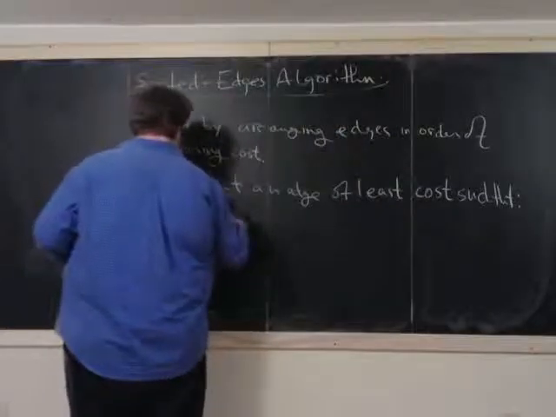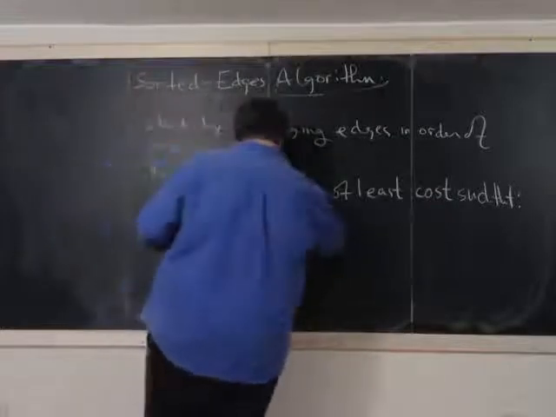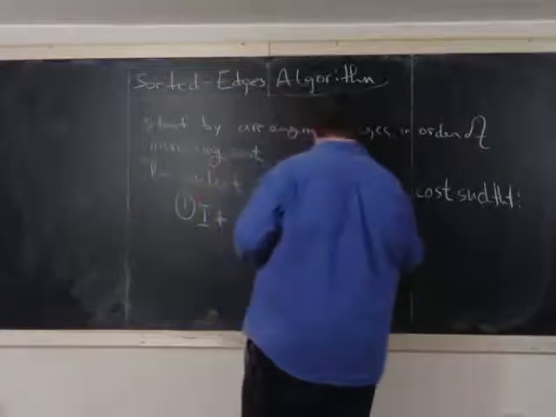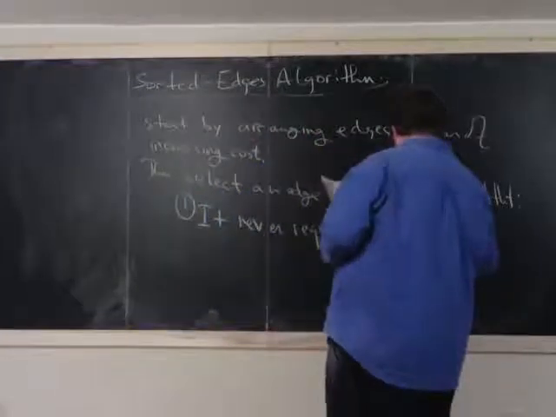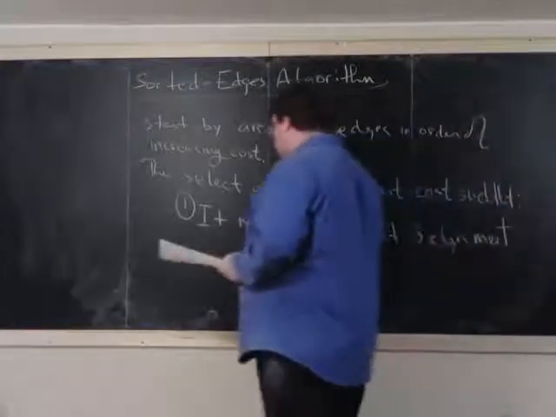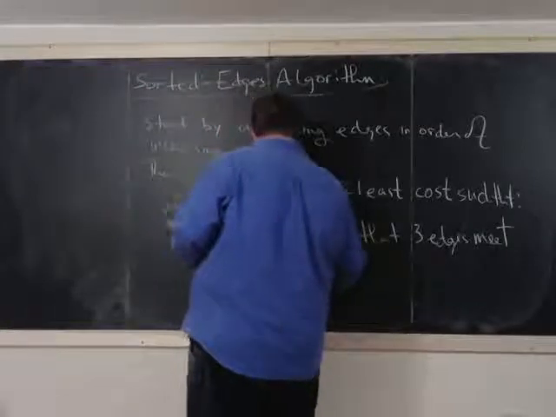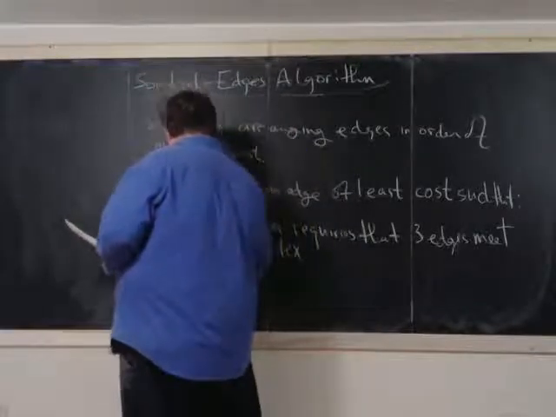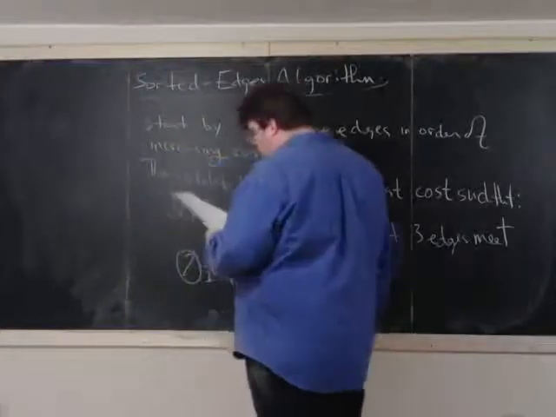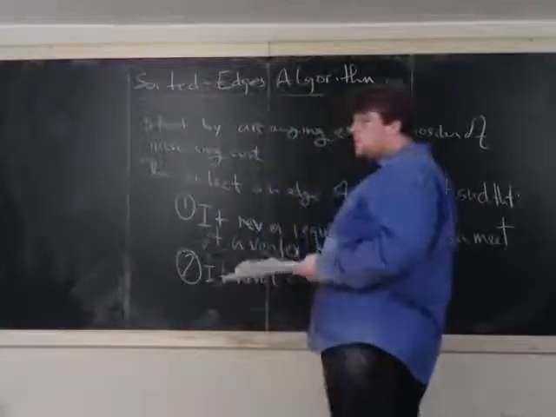One, it never requires that three edges meet at a vertex. Two, it never closes a cycle that's smaller than the full thing.